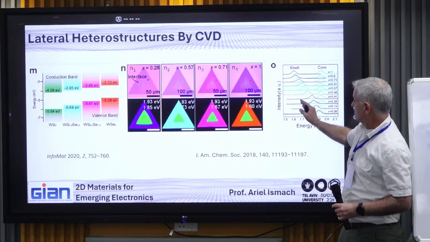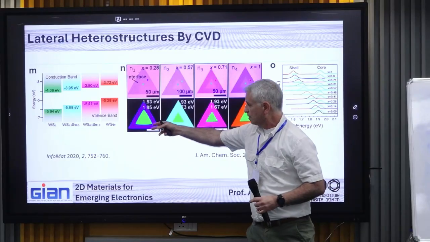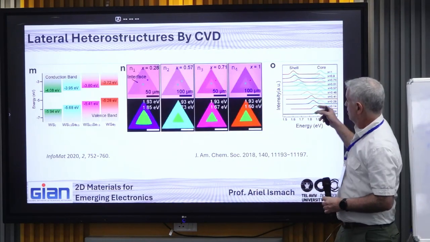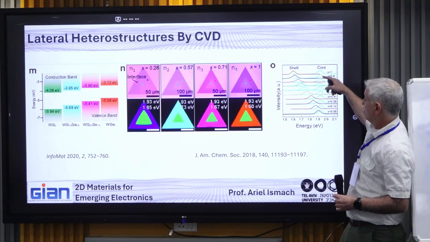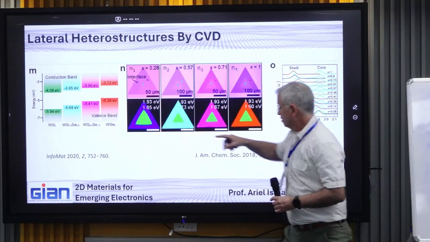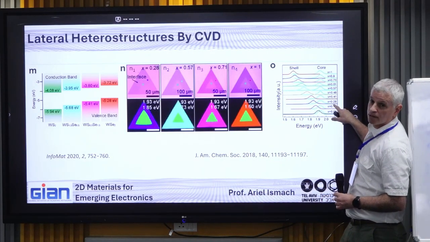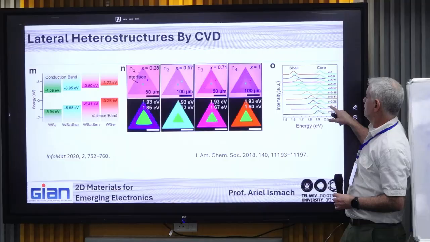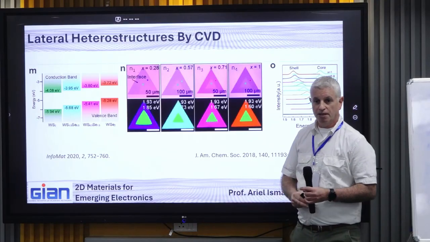And then they started to play with the composition. So here they show one growth in which, after the growth of their tungsten disulfide, they grow an alloy with this composition of 0.28, right? And then you can see different combinations of it.